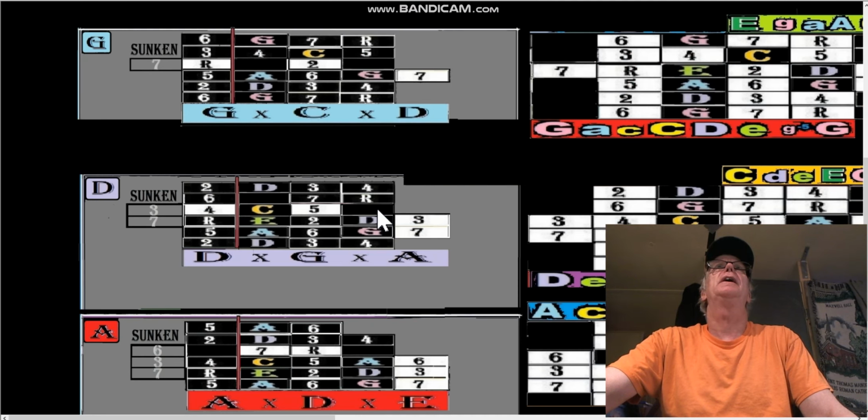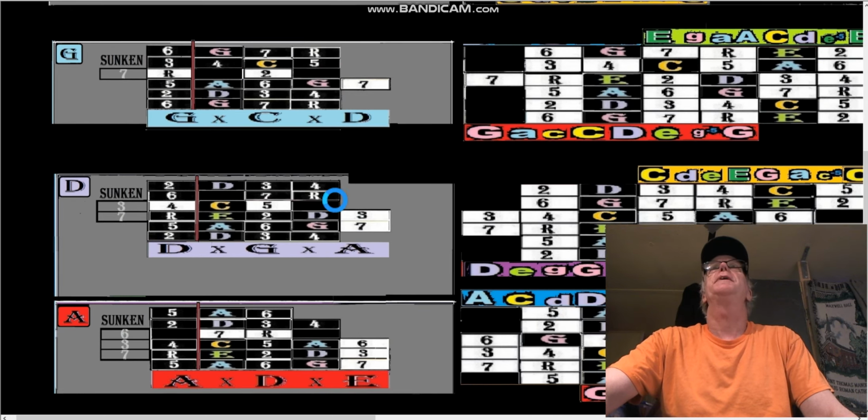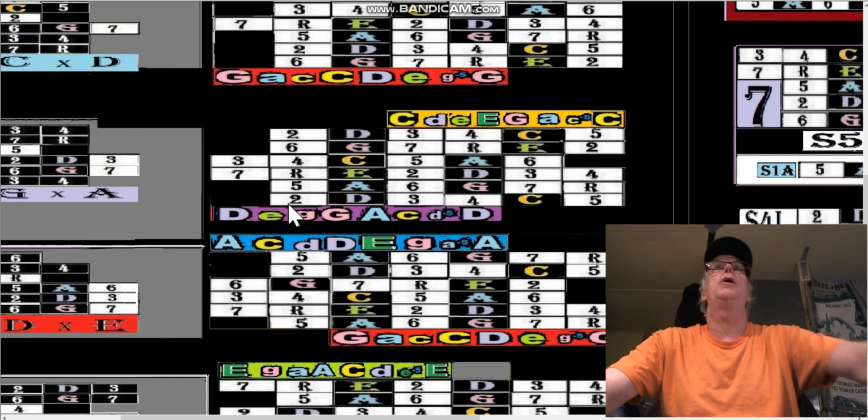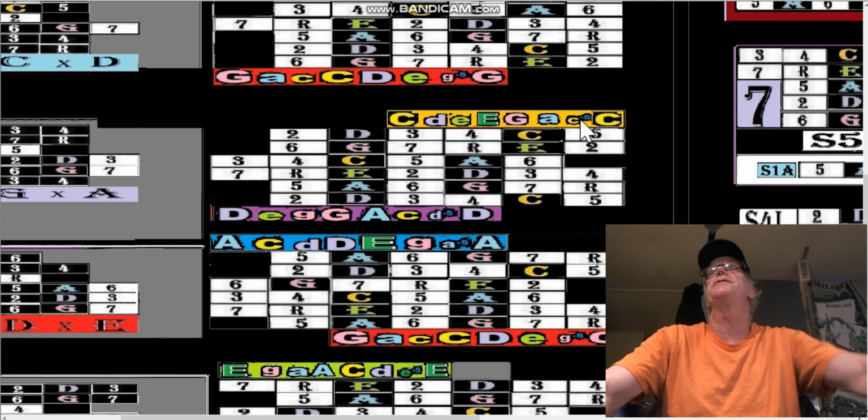Now these are the sunken notes that we can't get to on the short pattern, but we can get to them on the long pattern. Okay, so 2, 3, 4, 5, 6, 7 root 2. Okay, this is the long pattern. This is the D cage and this is the C cage. It's not the long pattern. It's just the short pattern D and the short pattern C.